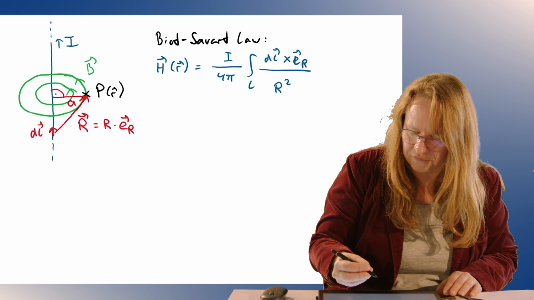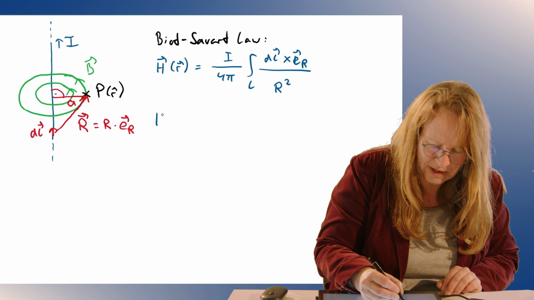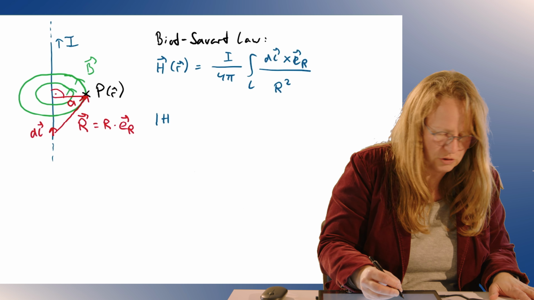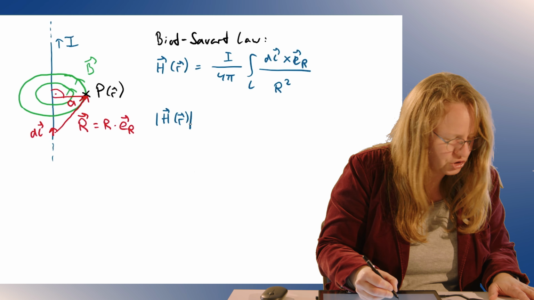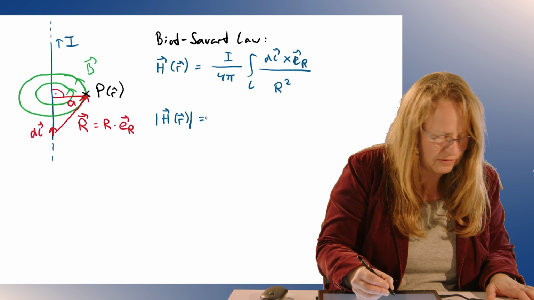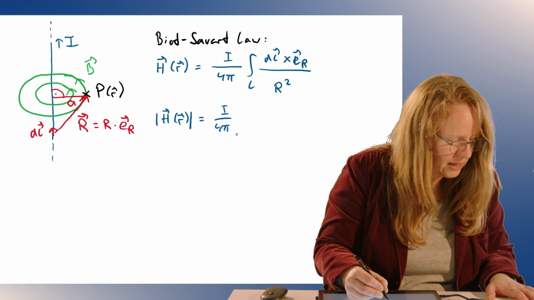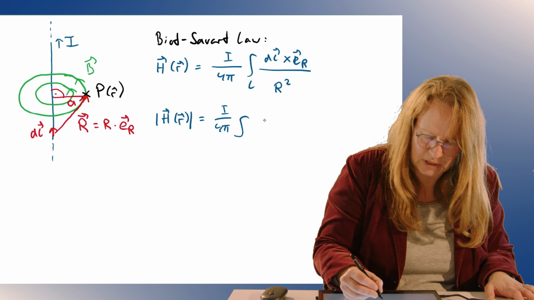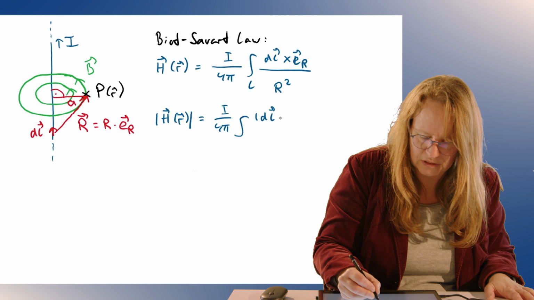Okay, so first of all, we will just calculate the absolute value of H at the position R. And this absolute value is then I over 4 pi. And we integrate over the absolute value of this cross product.